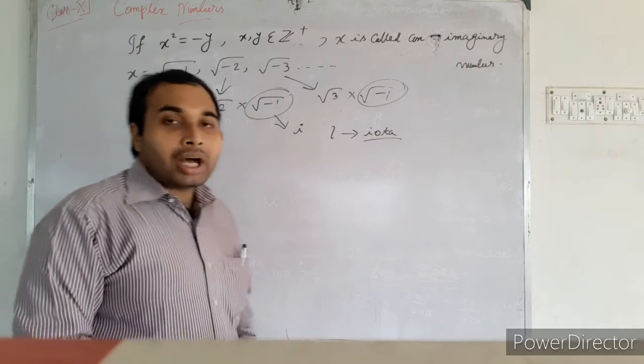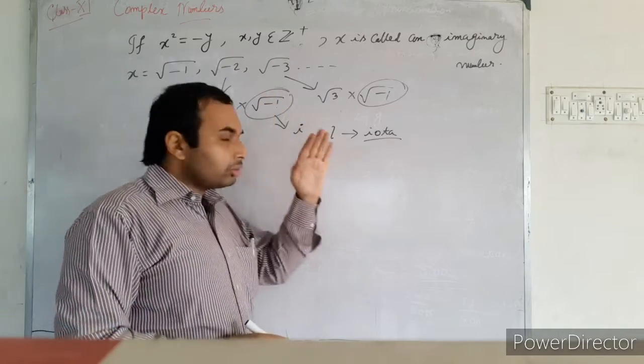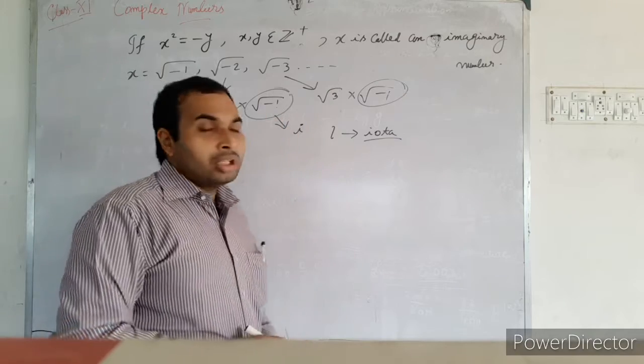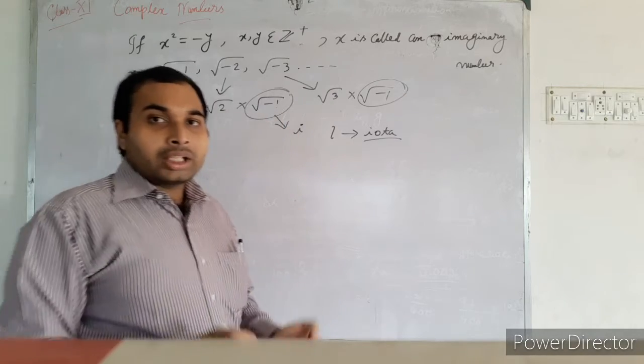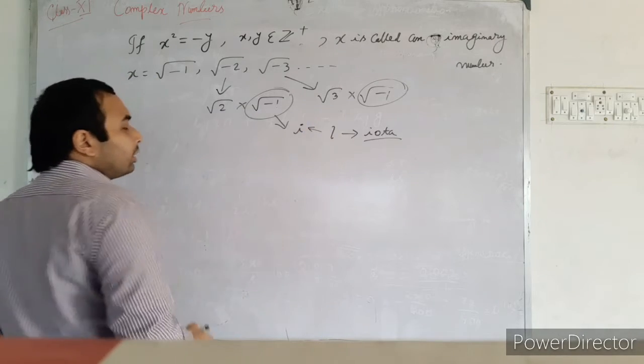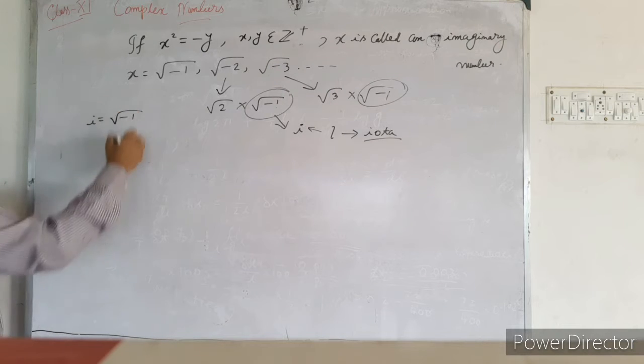So with the help of iota we can write the root over minus 1. We take the value of iota equals root over minus 1. Actually it is transliterated to the English letter small i. So i equals root over minus 1.